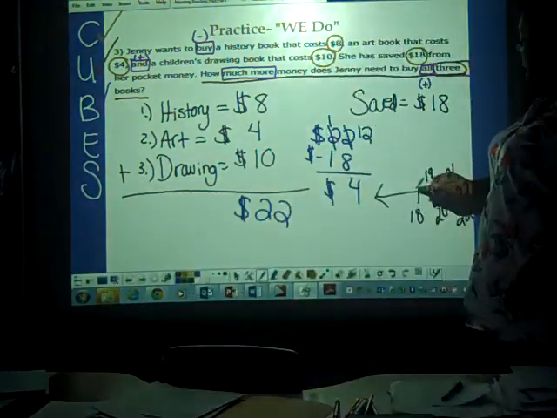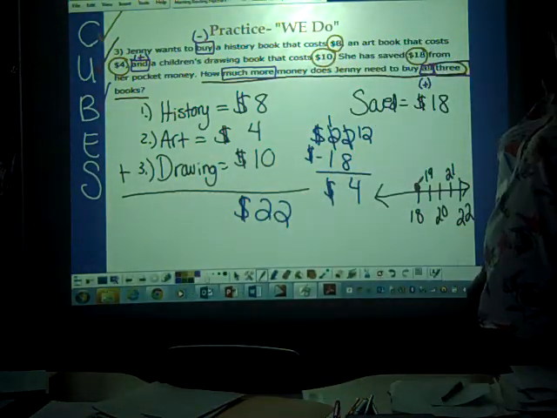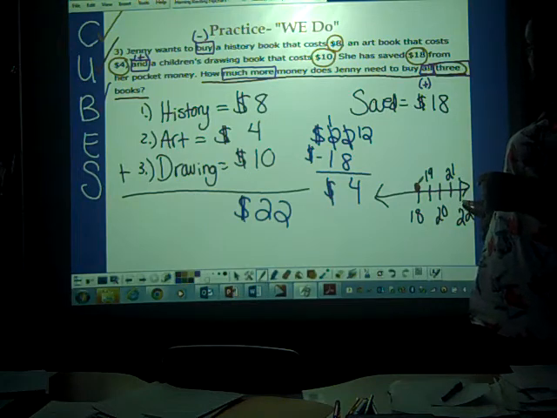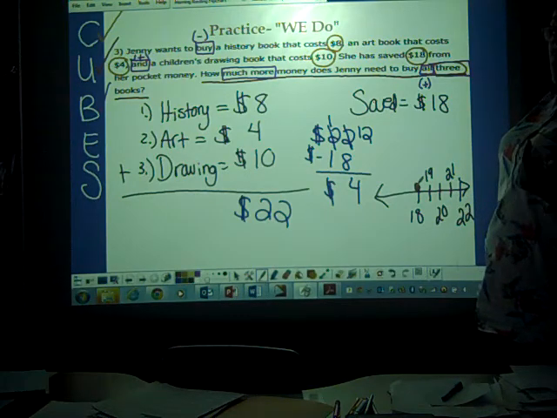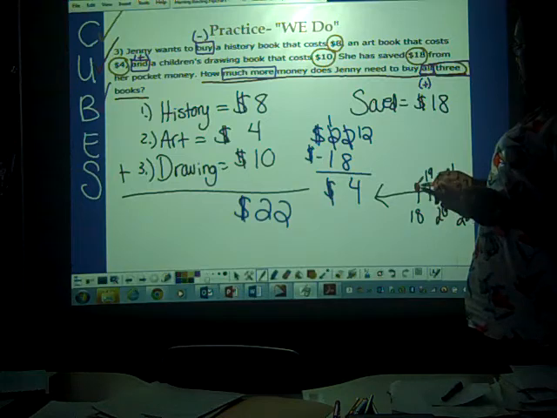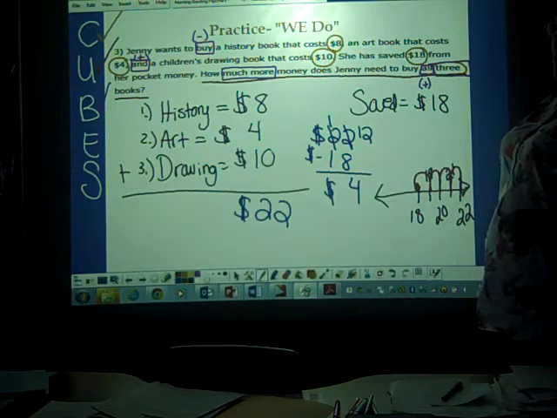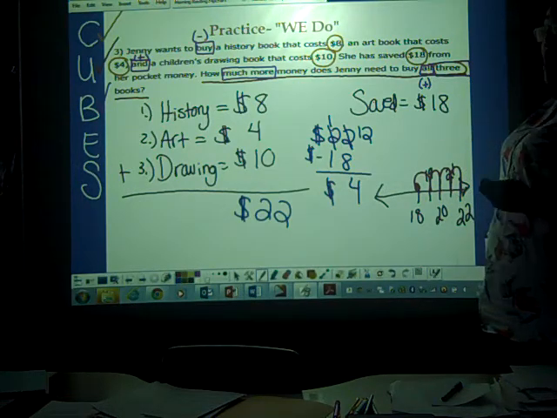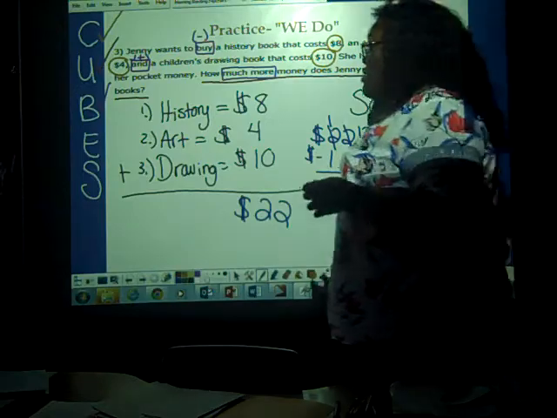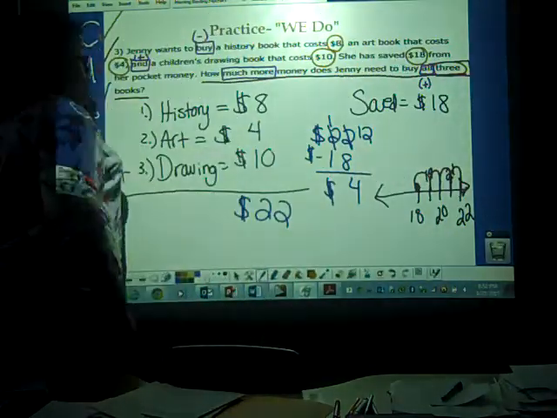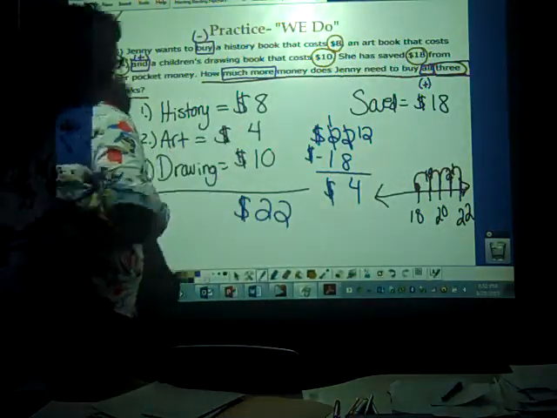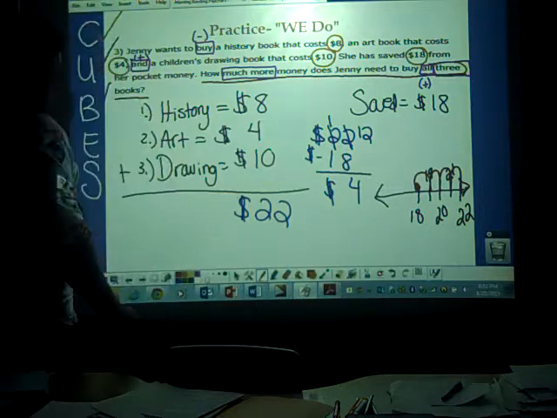This is how much she saved. $18. She wants to buy $22 worth of books. So how much money does she need? $1, $2, $3, boom, $4. She needs $4 more so she'll be able to buy those books. So Jenny's gonna have to put away something, probably this art book. She'll have to come back and get it out another day.